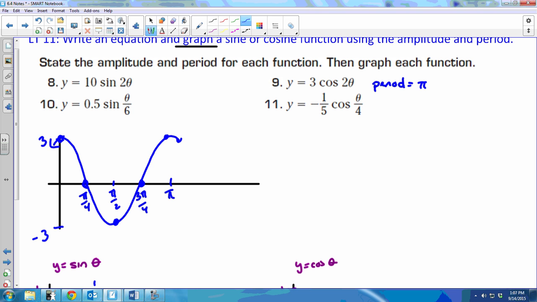And it should look like that. Yeah? Question? It's just 2 pi divided by 2, which is 2.